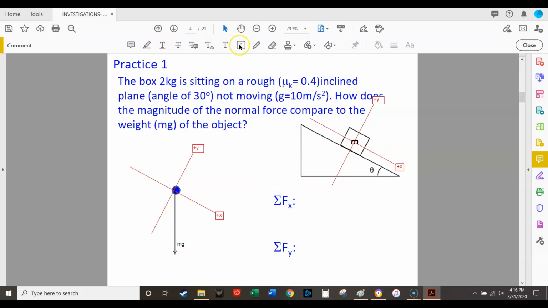I forgot to actually draw a line for the 30 degrees. So there you go. And we're going to go ahead and label this 30 degrees.